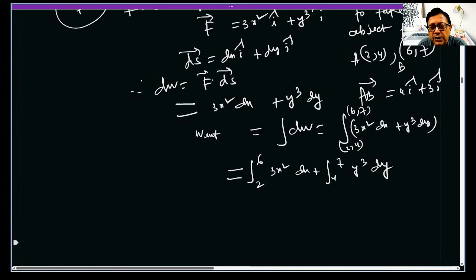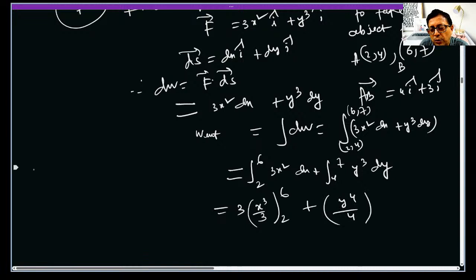Just a minute. So when you integrate, it will be 3 x cube by 3 from 2 to 6 plus y to the power 4 by 4 from 4 to 7. So this will be 6 cube minus 2 cube, plus 7 to the power 4, 4 to the power 4, by 4.